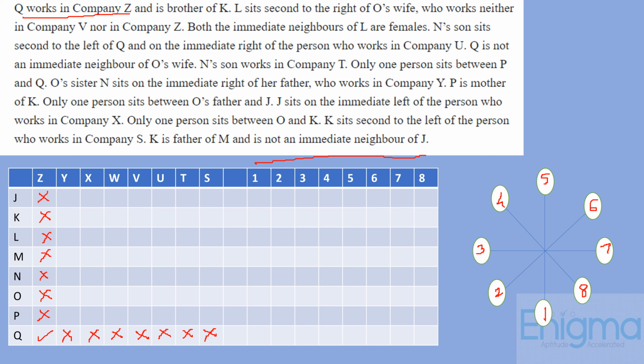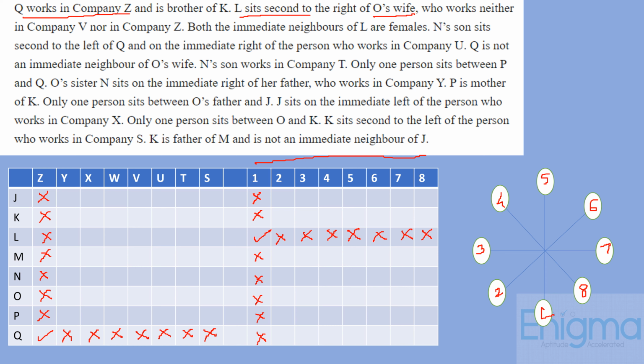Now let's read the next sentence. L sits second to the right of O's wife. Now let's assume that L sits in position number 1. This is an assumption. Now as per our normal rule, we can cross out horizontally as well as vertically.